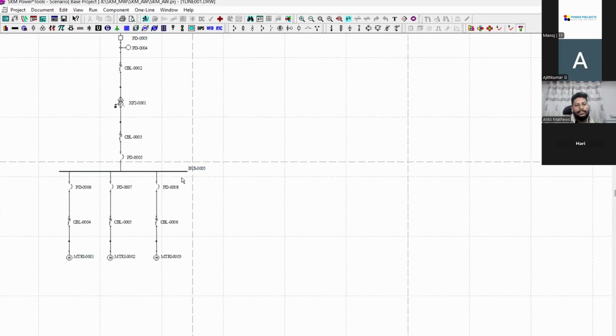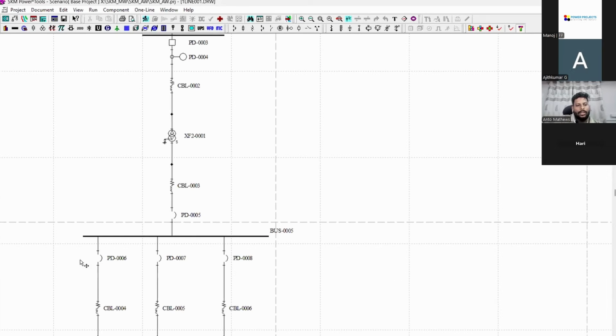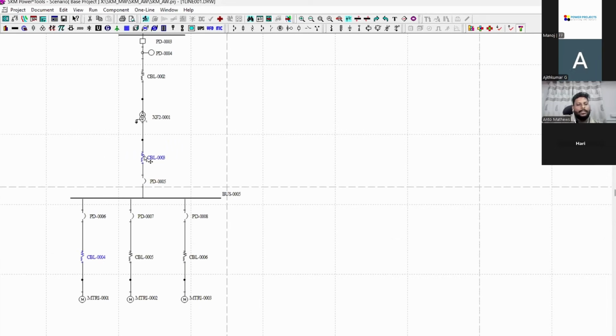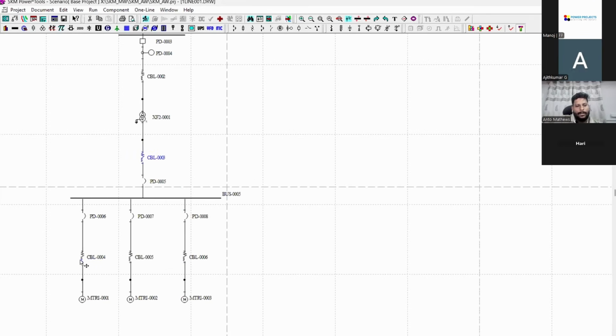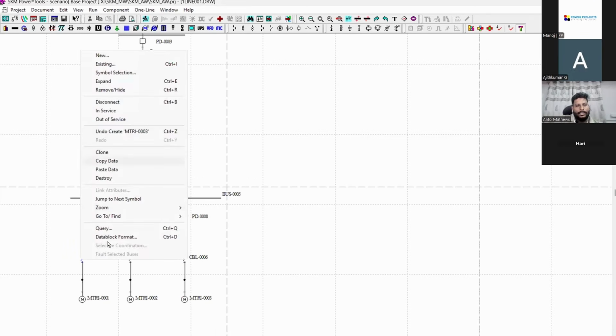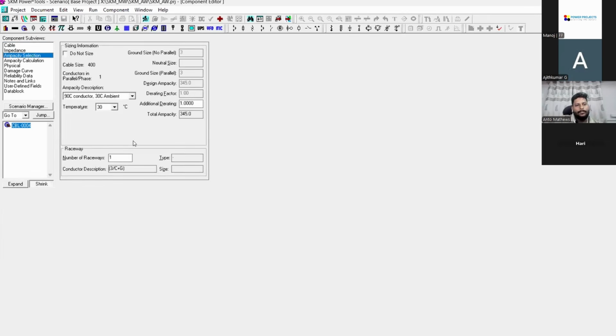After this, now we have to model a motor cable. For the motor also, I'm just going to copy and paste the data. Let me just go with the minimum number of runs with the minimum square amount.